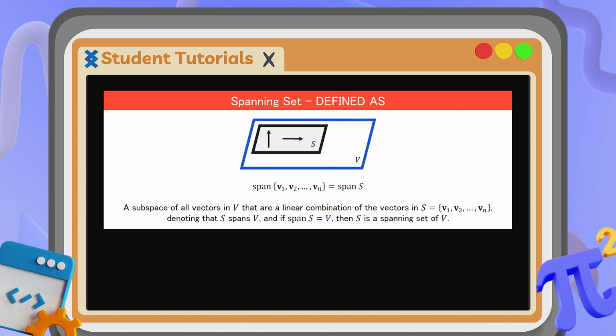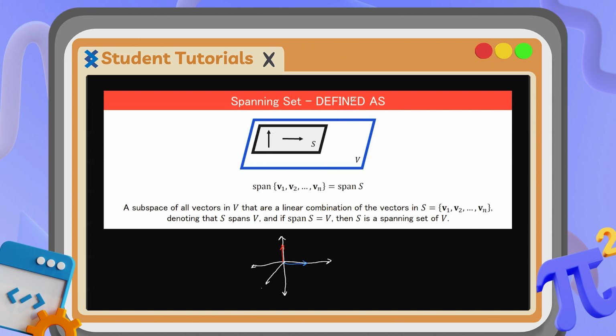For example, let's say in a 2D space we have two vectors in our set. When you combine them together, you can create a lot of vectors within the 2D space, or the Cartesian plane. So let's say you want to get to this vector.